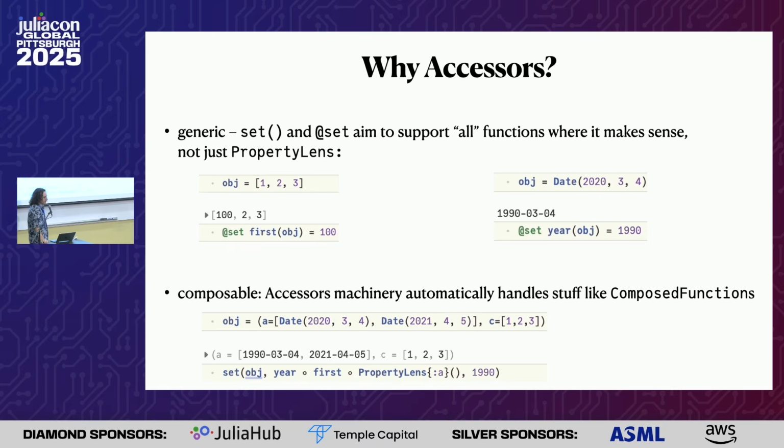In addition to supporting a lot of these functions by default, composed functions are also supported. So you can have an object with nested fields and nested arrays, and modify something very deep within this object and return a copy of everything. This makes operating with immutable structs very convenient, and they are still performant.